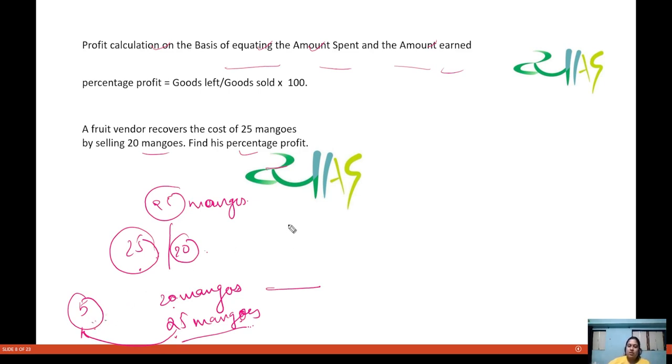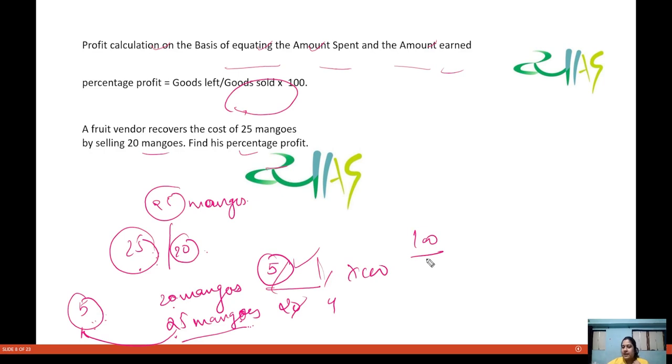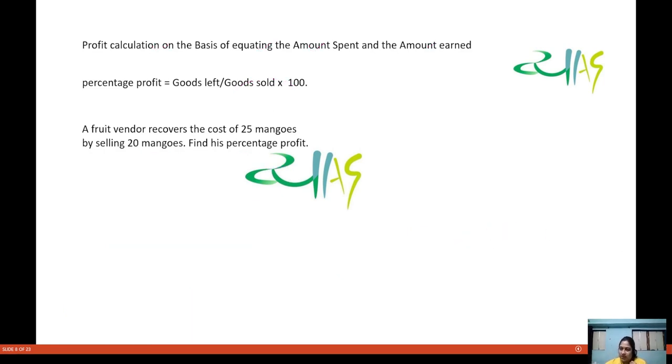So profit is the cost of 5 extra mangoes upon goods sold. So goods sold are how much? 20 into 100. So profit is 100 by 4, that is 25%.